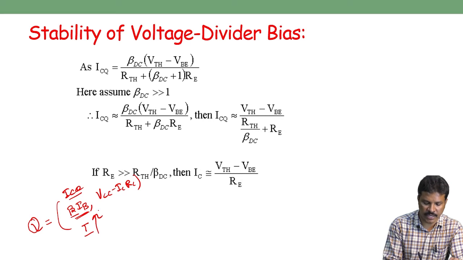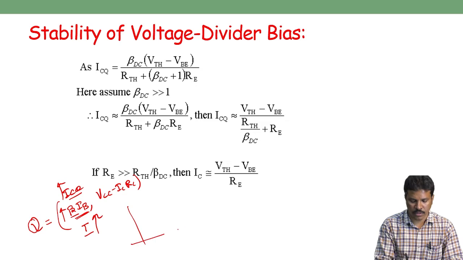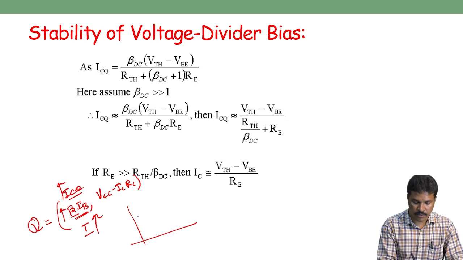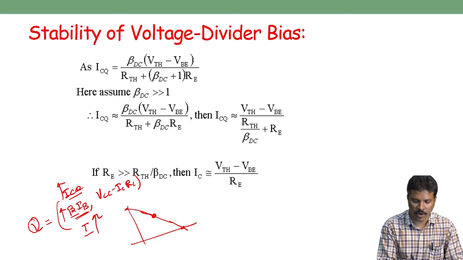When temperature increases, beta increases and ICQ increases. When ICQ increases, the Q point moves. Initially it is at one Q point. By changing the temperature, IB and beta, the Q point may move this way or this way.